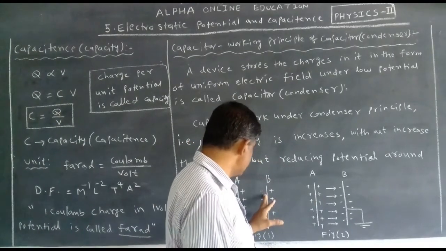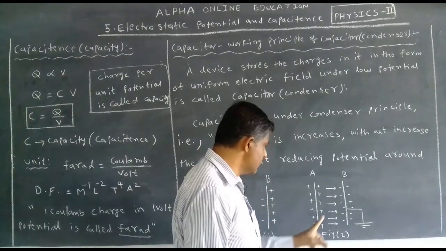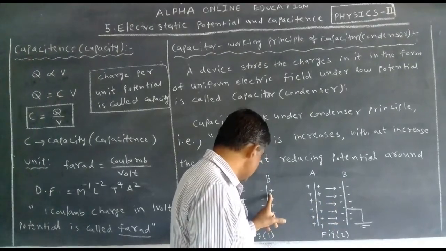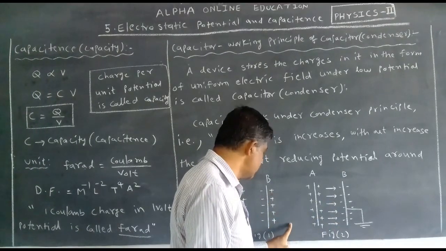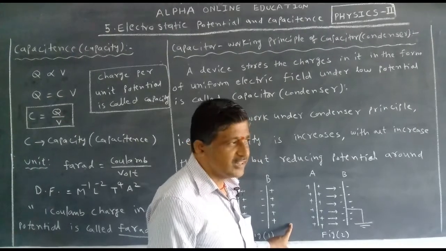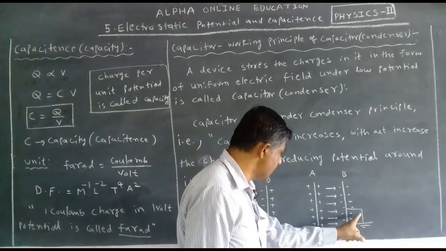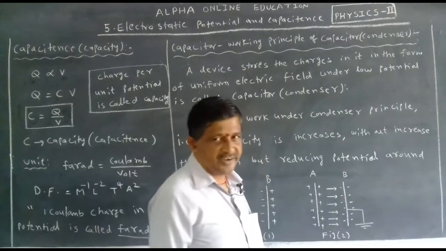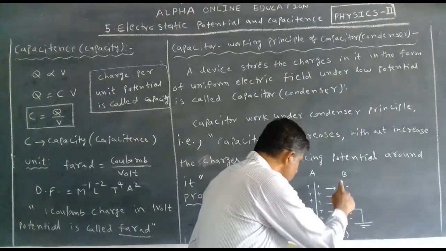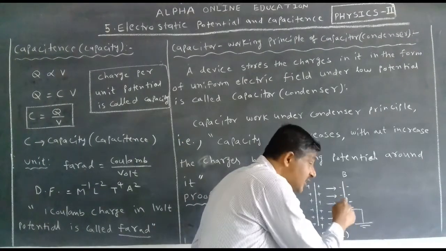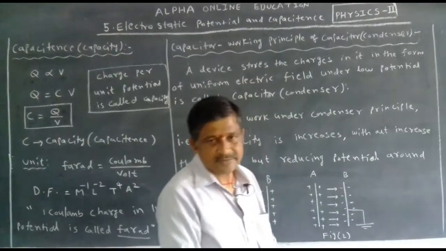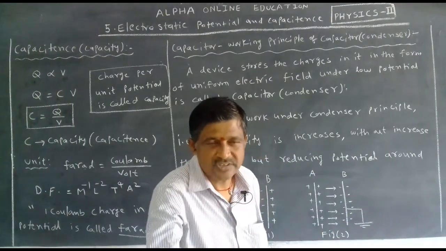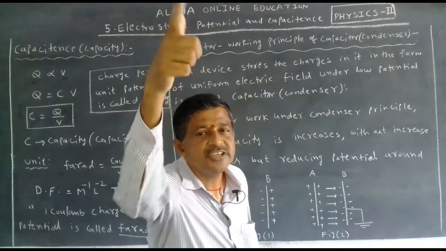When the uncharged plate is connected to the earth, the charges move towards the earth as per the conventional theory, and as per the electron theory, electrons are deposited here. So totally, which charges exist here? Negative charges exist. Where negative charge is more is called low potential.